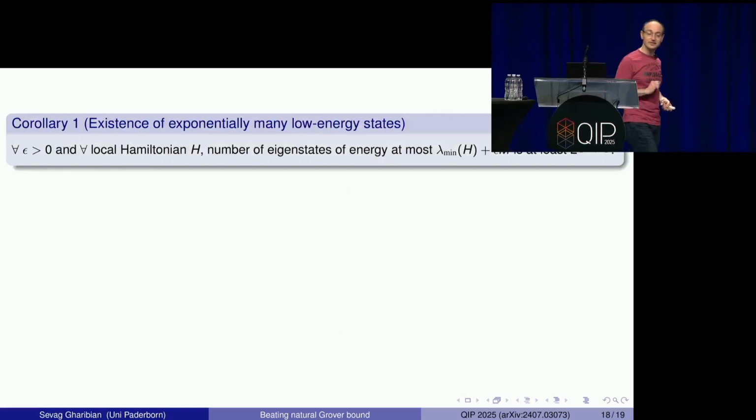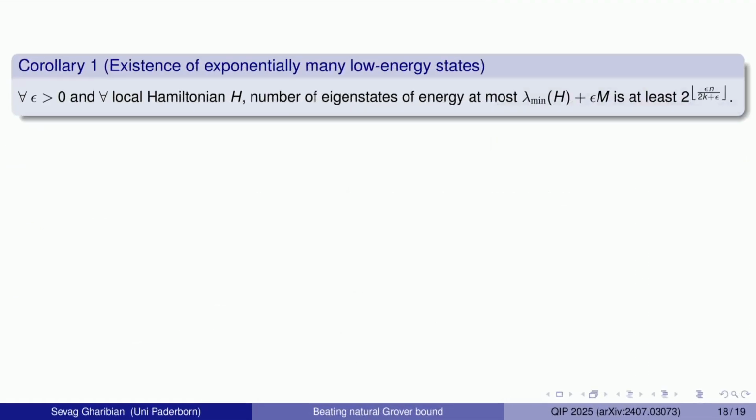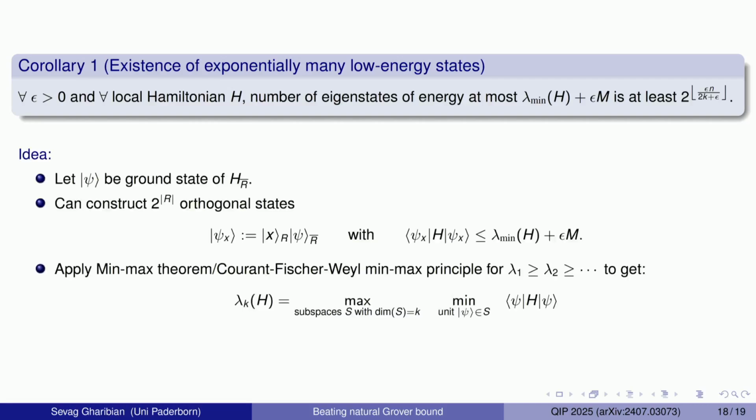Finally, let me tell you about this corollary we had about the existence of exponentially many low energy states. This will follow very naturally from the previous slide. Again, we can do the same thing. I'll just focus on this baby Hamiltonian and compute the ground state of that. Imagine I have that as psi.